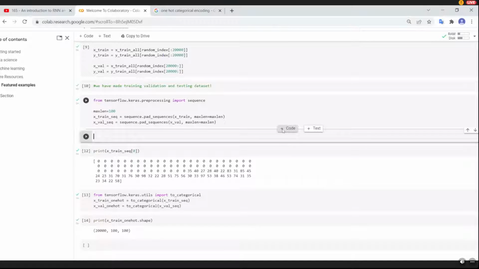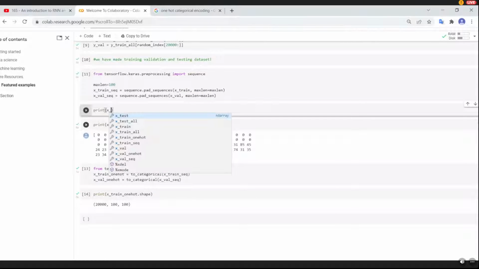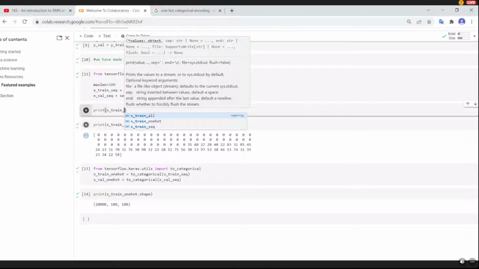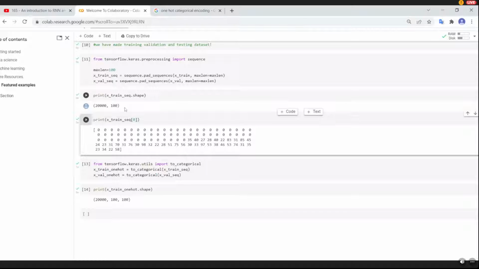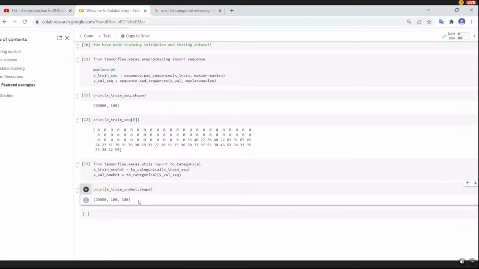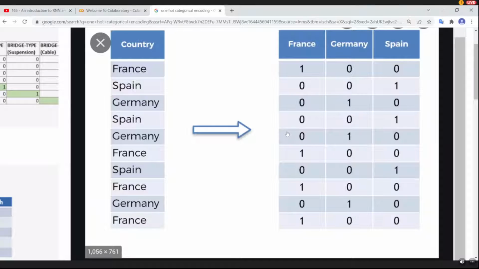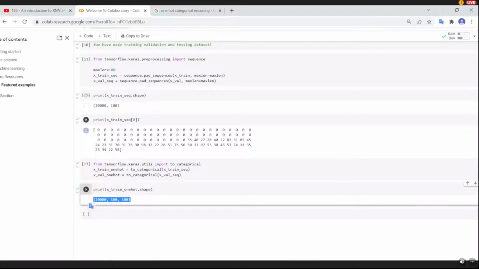I'll provide a comparison. print x_train_seq.shape. Here it was originally 20000 by 100. Now that we did one hot encoding, it's 20000 by 100 by 100. Just like here, if you're seeing my Google screen, just like this one. So we did one hot encoding.